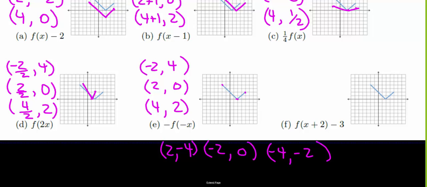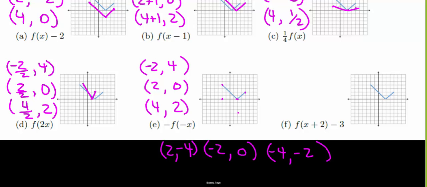Now let me plot these points. I've got 2, -4. 1, 2, 3, 4. I guess it's right there. And then -2, 0.